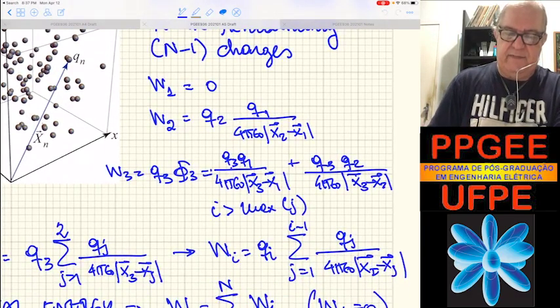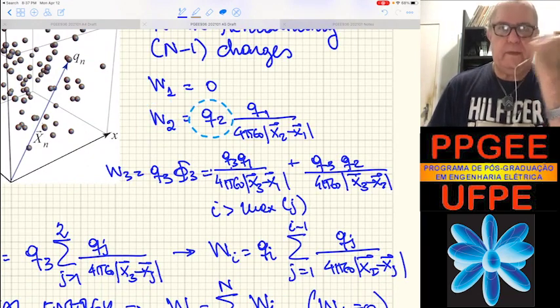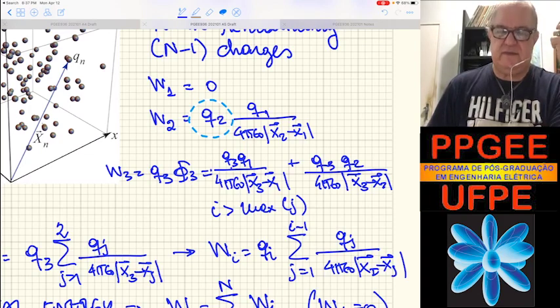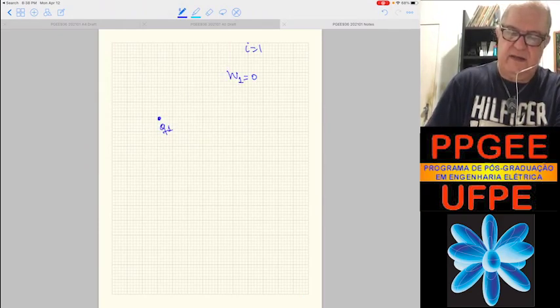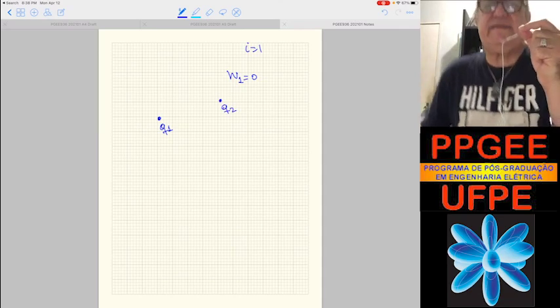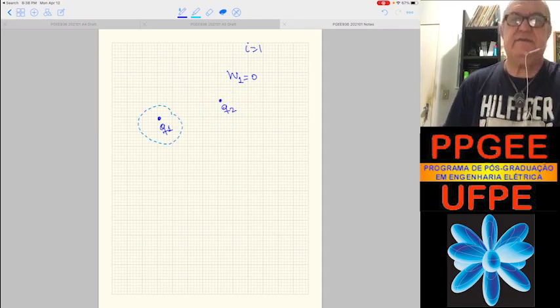Now, if I bring the next charge, Q2, close to Q1, the first charge is already there. So this is Q1. Then I bring another charge, Q2. The system now has an energy, which is the energy of this charge here in the presence of this charge.